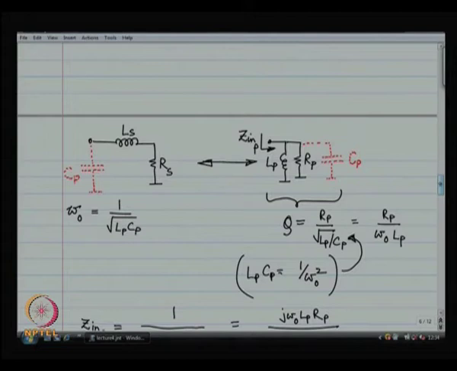This capacitor over here is something that I imagined. Depending on what omega naught I want to do this transformation at, I choose this capacitor in my head and place it in my head. I imagine the presence of this capacitor, and then I do the transformation, and then everything falls into place.